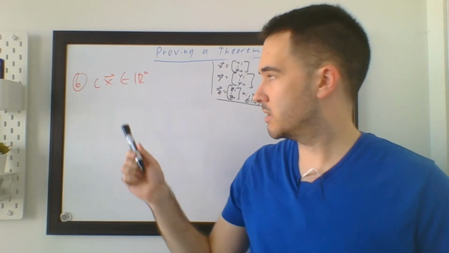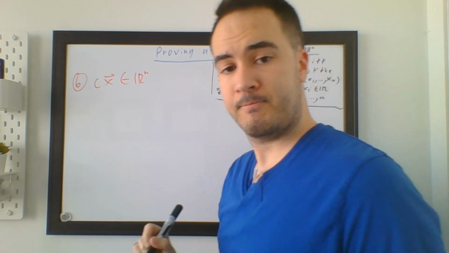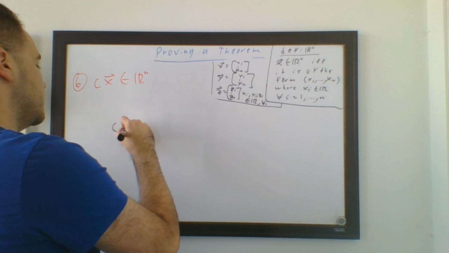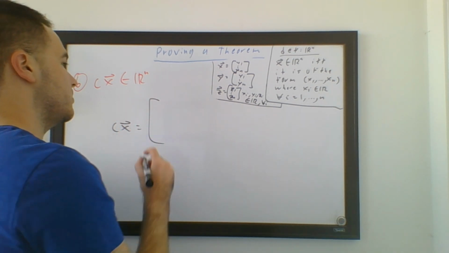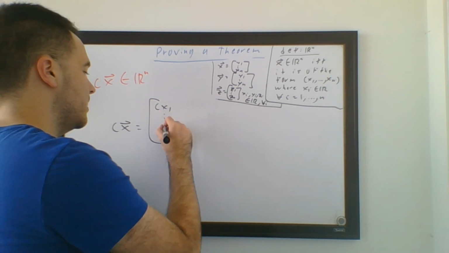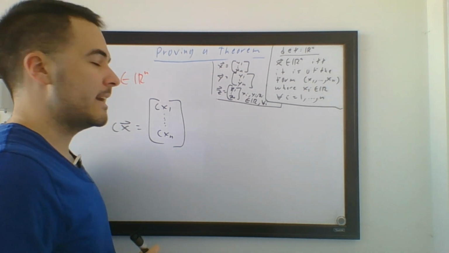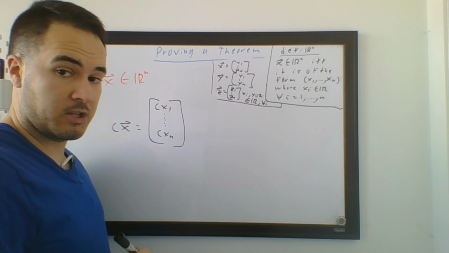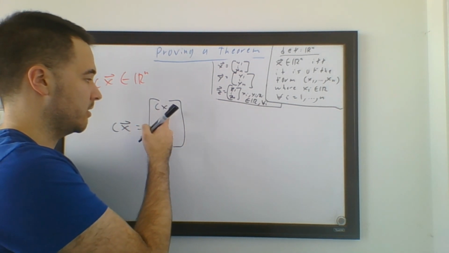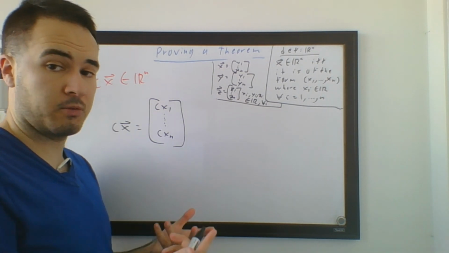Our sixth statement is proving that a scalar times the vector x is within Rn. So, using our definition of scalar multiplication, we get c times x is equal to each of those elements within x multiplied by c, so cx1 all the way down to cxn. Again, using our definitions or our experience that we know within real numbers, c is a real number, x1 is a real number. A real number times a real number is still a real number.